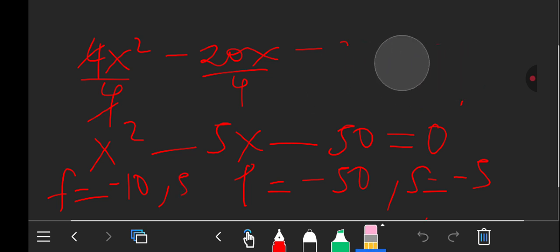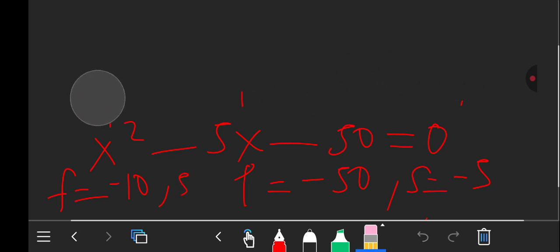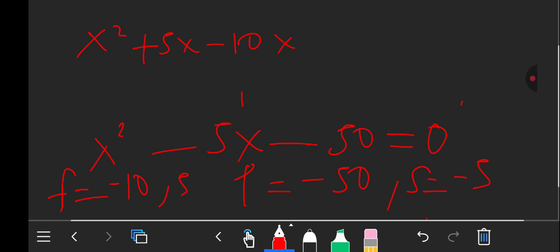So let's now substitute where there is B. We're going to say x squared plus 5x minus 10x, you have just substituted the factors, then minus 50 is equal to 0.